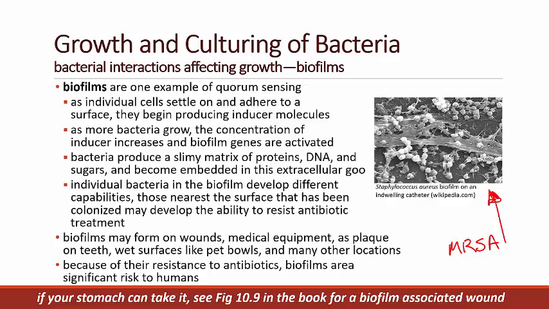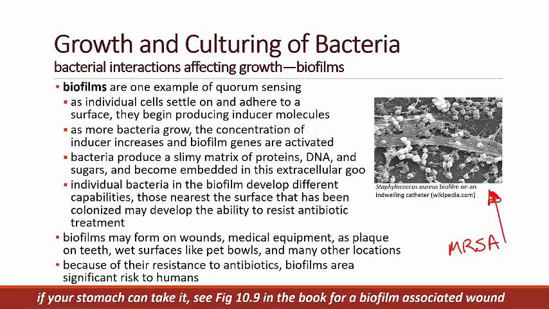So here's how biofilms are established through quorum sensing. As individual cells settle on and adhere to a surface, they start producing that inducer molecule. The cells grow and divide, and as more bacteria grow, then the inducer molecule begins to be produced in greater and greater amounts.